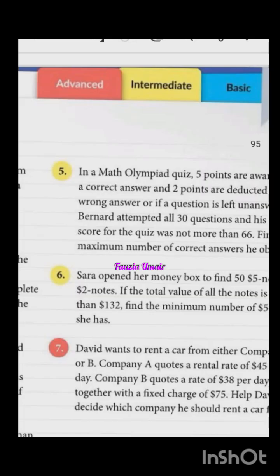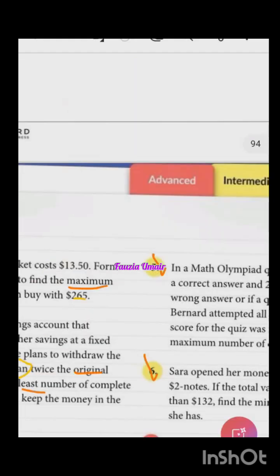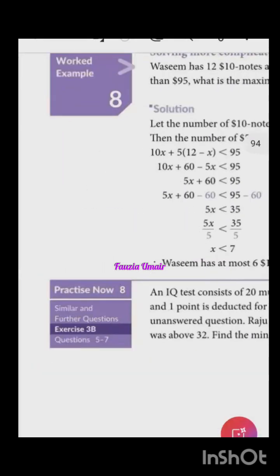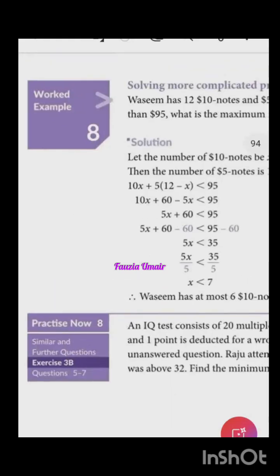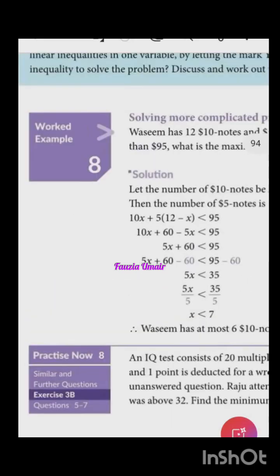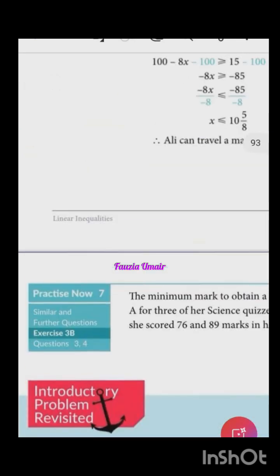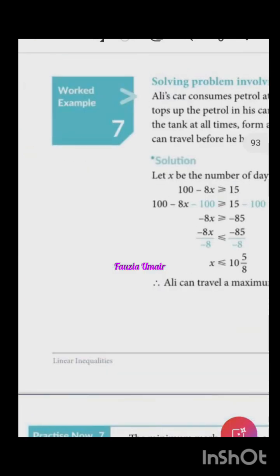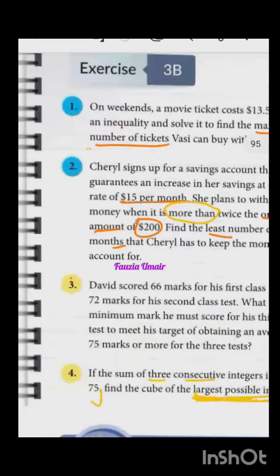So you can do question number 5 and 6 as homework. 7 we will discuss, and then you can go back and see practice now 8. Worked example 8 will help you in solving practice now 8. Similarly, practice now 7 can be solved by going through worked example 7. So you can solve 4 questions in total. Is it fine?